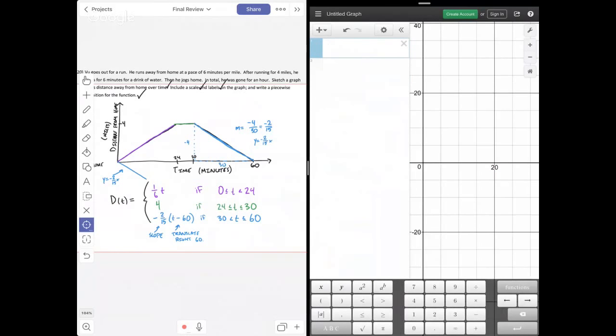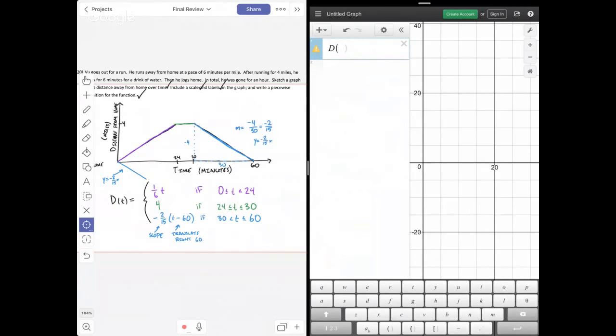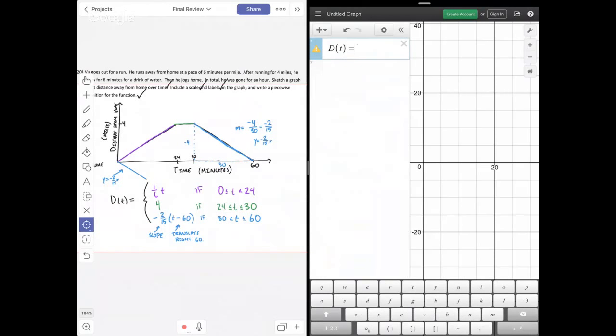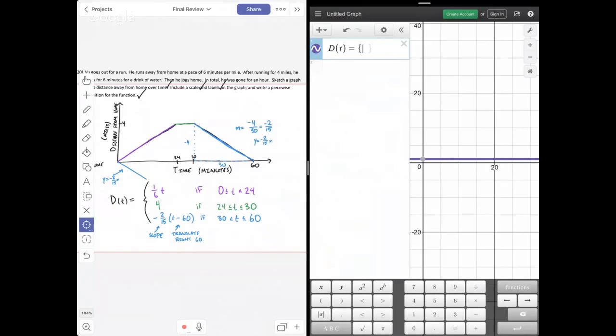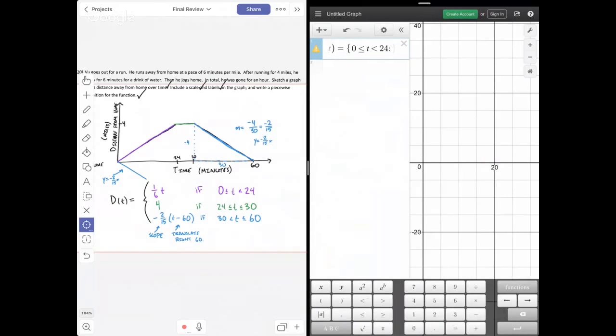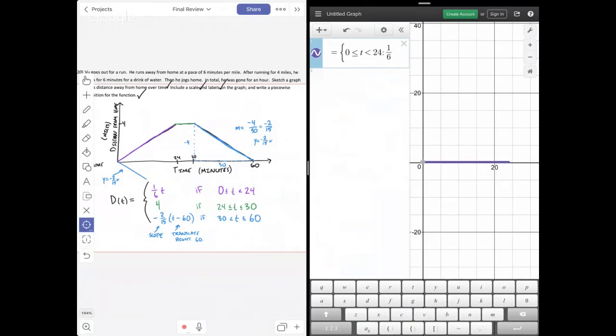And if I say, let's see, capital D of t, and it's going to equal the piecewise function, which is defined first for 0 less than or equal to t less than 24. And on that domain interval, it will be 1/6 t.